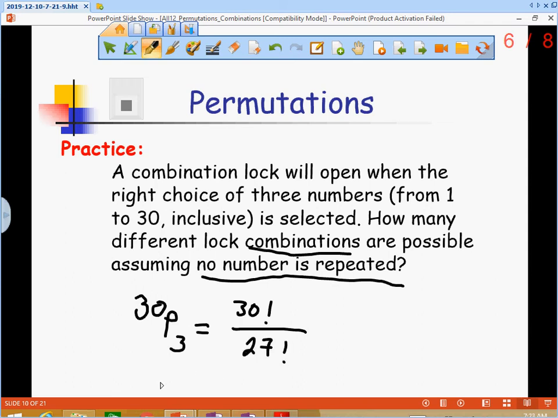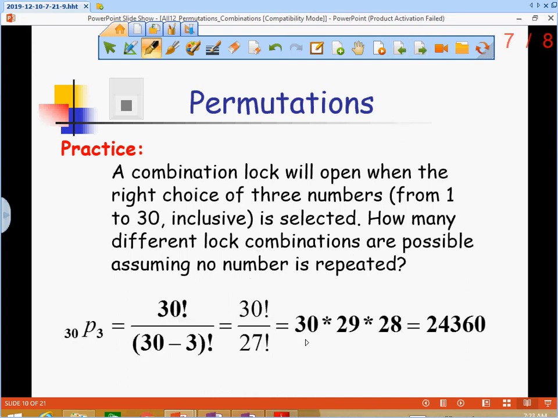Or you can say that I'm going to choose 3 numbers out of 30. At the first choice, I'm going to choose out of 30. But in the second one, I'm going to choose out of 29, and the third one, I'm going to choose out of 28. The answer is 30 by 29 by 28, which is equal to 24,360.